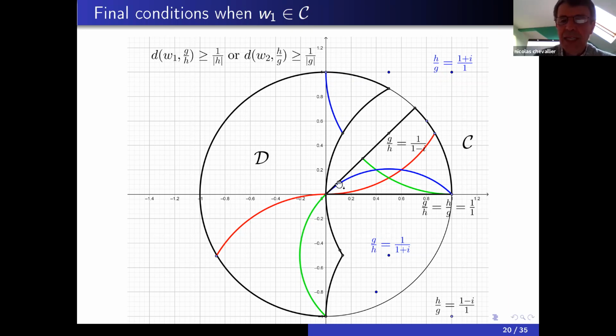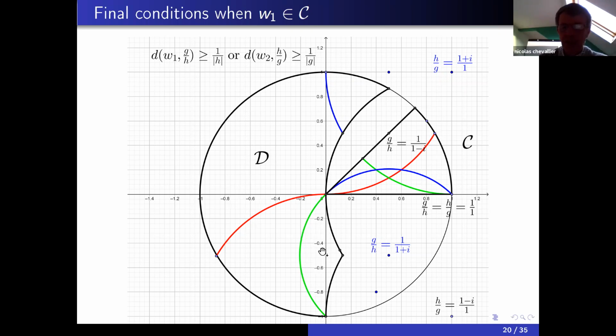And so it must not be in the disk defined by this blue circle. So it must be here. If W2 is here, W1 must be here, and you have some other condition here. If W2 is between these 2 circles, then W1 must be outside the red circle here, and so on.